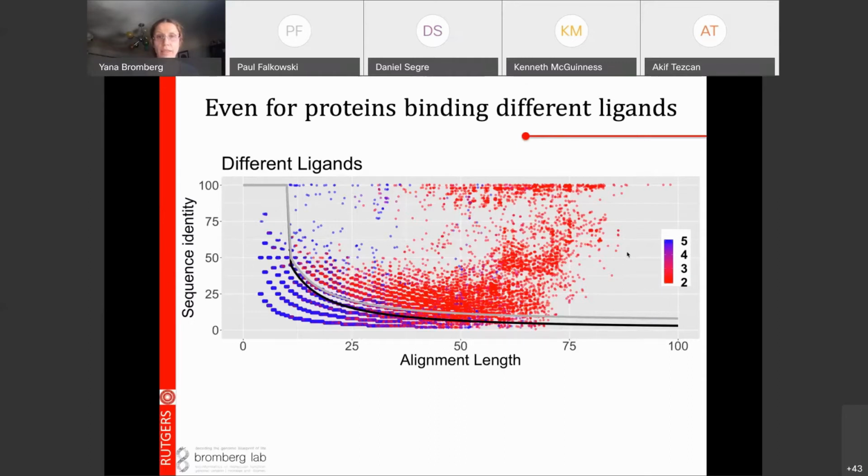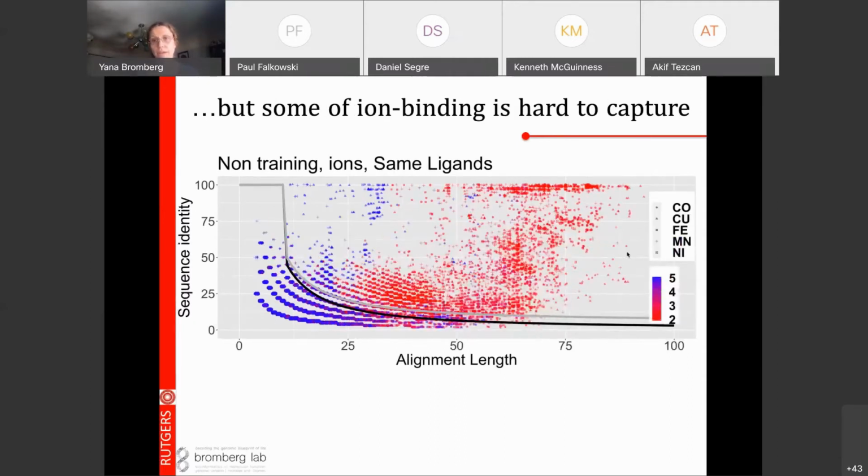And then we looked at the ions, and pardon me for making it too small for you guys to see, but the idea was to see if we can represent that for ion binding structures. And what we observed is that for the majority of the ions, you could see the red above the blue, above the black line, but there was this whole bunch of blues.